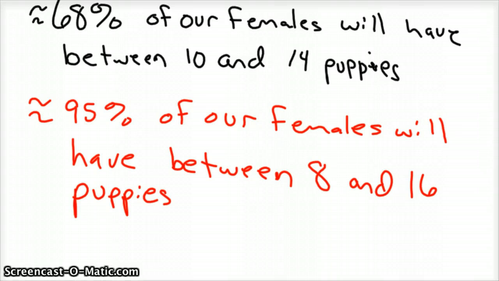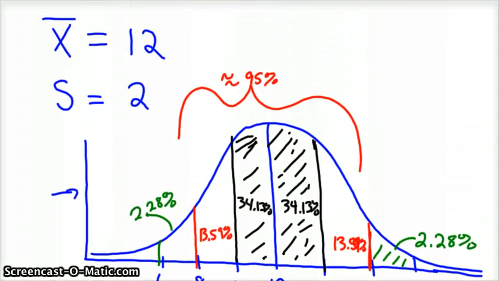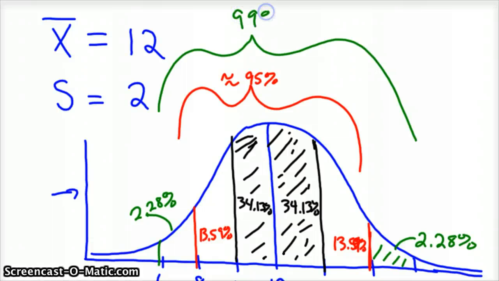And if you want to go 3 standard deviations out, notice it's tailing down here. So now here's 3. I'll do that one in green. We're only going to add another 2.28% on each side. And if you add all the percentages up in blue, black, red, and green, now we're looking at approximately 99%. And actually we can go a little higher there.